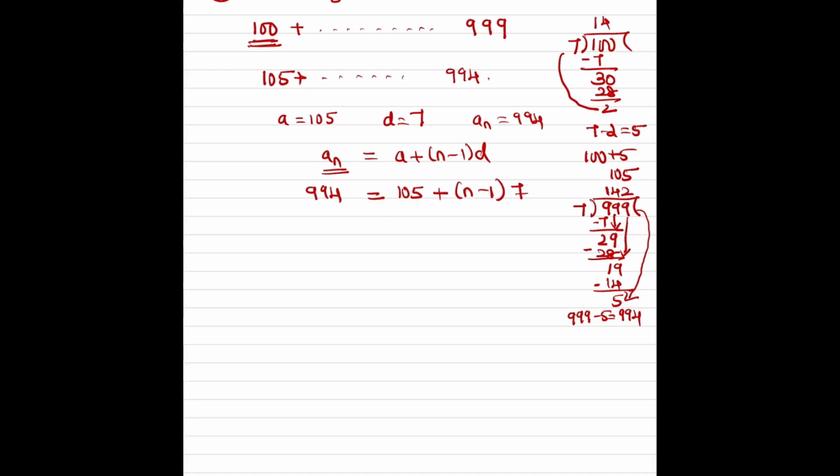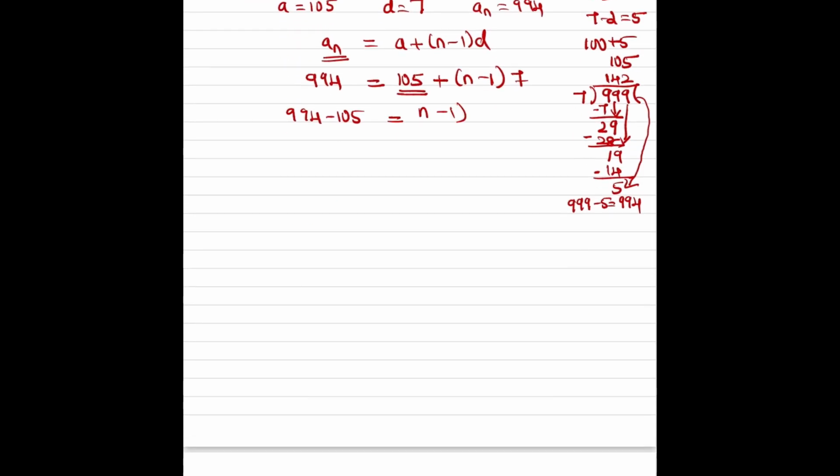Now 994 minus 105, addition changes into subtraction, equals N minus 1 into 7. Now subtract, we got 889 by 7. Multiplication changes into division, equals N minus 1. So 1 seven is 7, then 2 sevens are 14, 7 sevens are 49, so 127. This negative 1 changes into positive, equals N. So N equals 128.